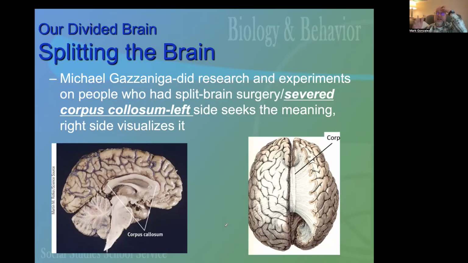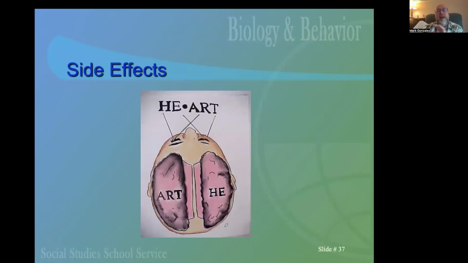A lot of this got disrupted for a little bit when people had that surgery. But then he realized the left side is trying to look at the logical meaning of it, whereas the right side can actually see it spatially and understand it spatially. So basically, they found out what was happening to these people who had the corpus callosum snipped.